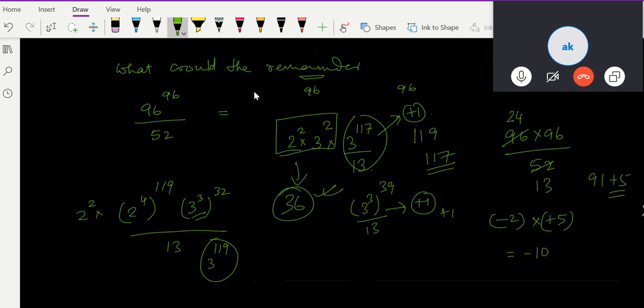So this is minus 10. Minus 10 means 3. Minus 10 is 42, oh sorry, 52. It's 42. Yes, 42.